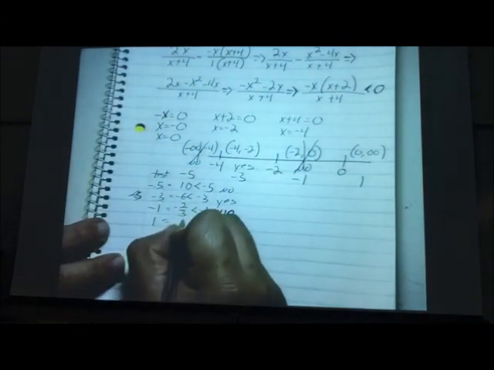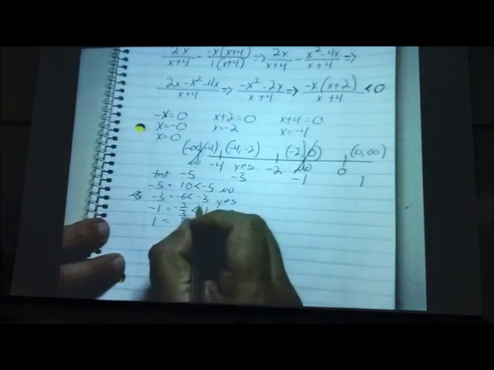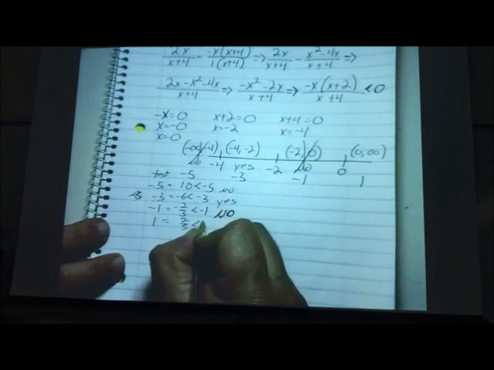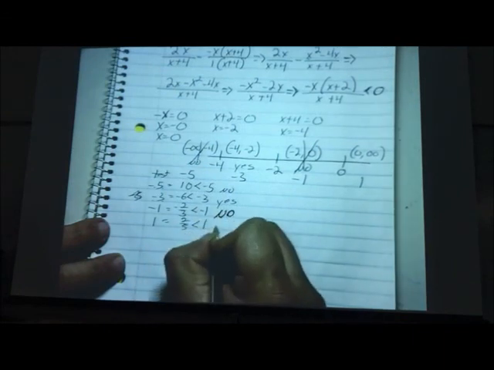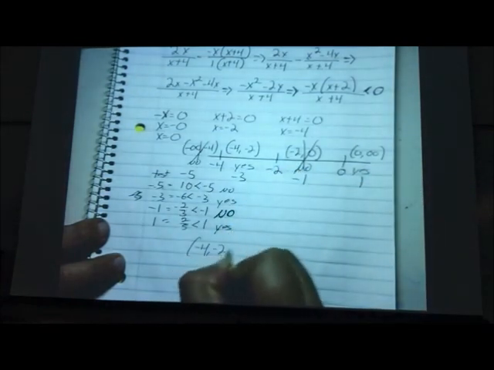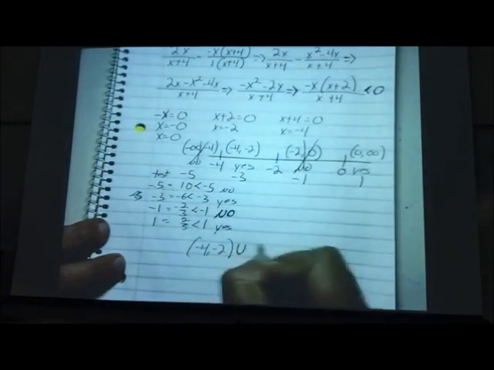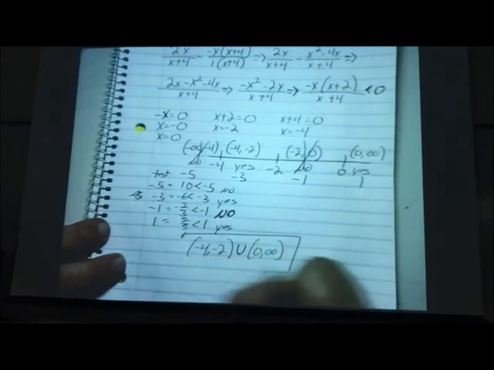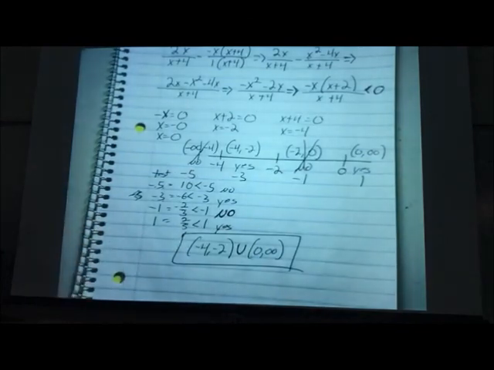It becomes 2 over 5. Is 2 over 5 less than 1? Yes. So I have 2 answers. My first answer is -4, comma, -2, union, 0 and infinity. And we're done.